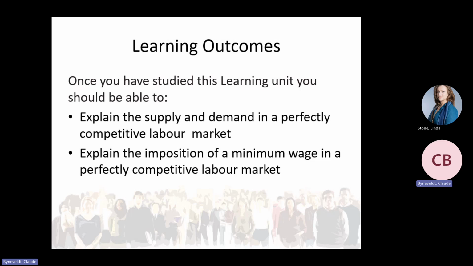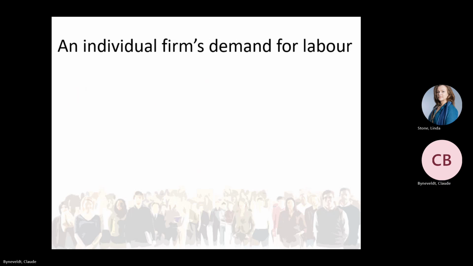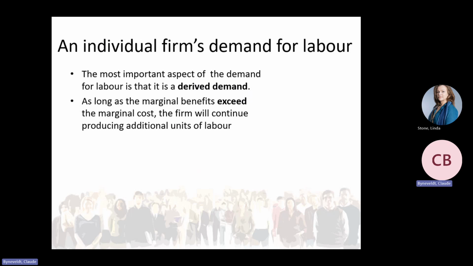We will use demand and supply analysis, which we did at the beginning, to determine the equilibrium wage and the equilibrium number of workers. To start, we have to deal with the individual firm's demand for labor, and then we will continue to the market demand for labor.